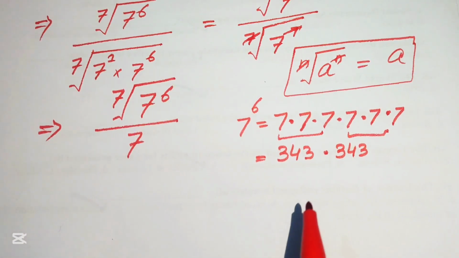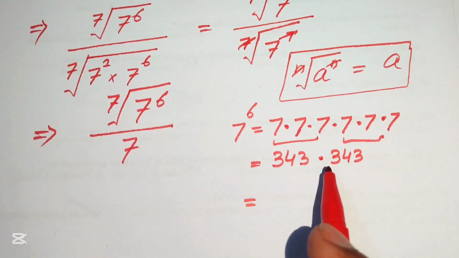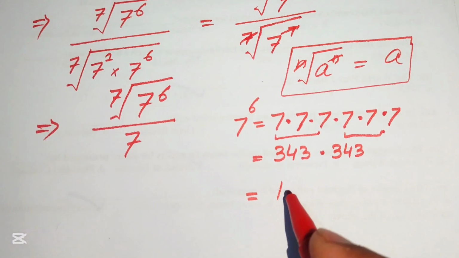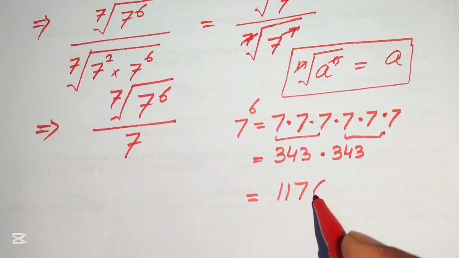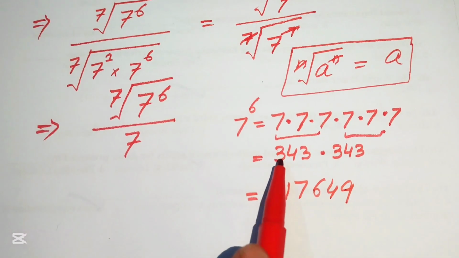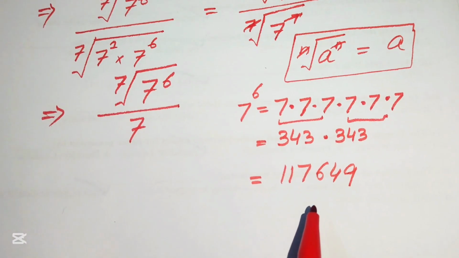If you multiply these two terms the traditional way, you easily multiply these two numbers, and you get 117,649.